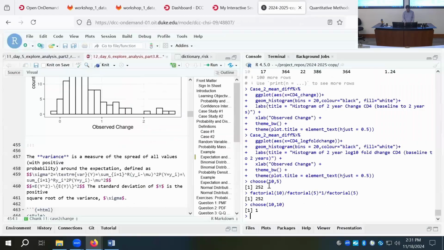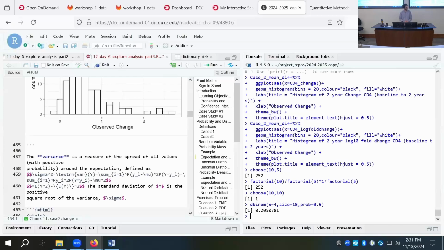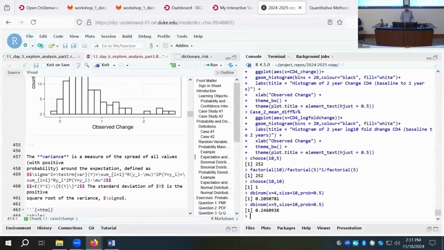So if we go in here and go dbinom, I'm going to go x equals 4, size equals 10, and we'll assume it's a fair coin, right? So 0.5. It's going to tell us it's 20% probability, right? So if we said 5, it's going to say it's 24%.